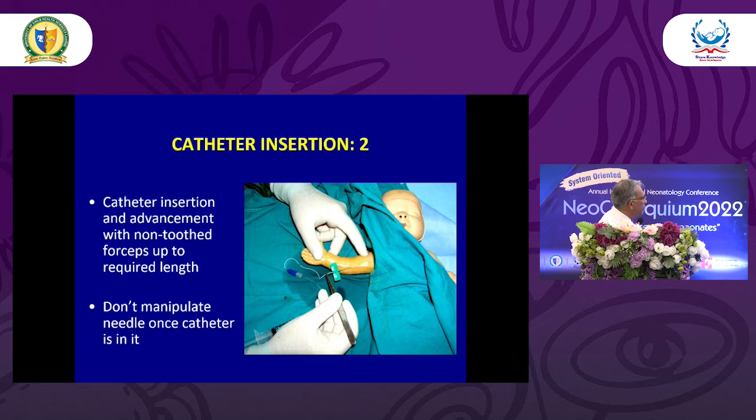So non-toothed forceps is used like this. We stabilize the needle and start threading this long line inside. And once the long line has been inserted into the needle, please do not manipulate the needle because it can then damage the long line.